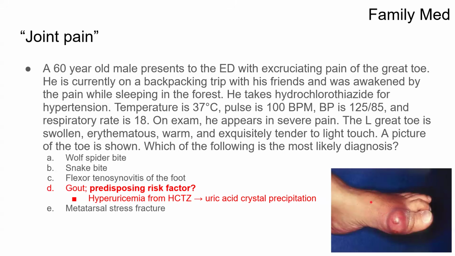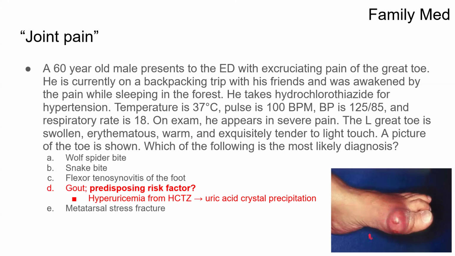And then a metatarsal stress fracture again could be associated with someone who's doing a ton of walking, but it's usually in the super athletic, more adolescent teenagers who are constantly either running or jumping or sprinting or things like that.